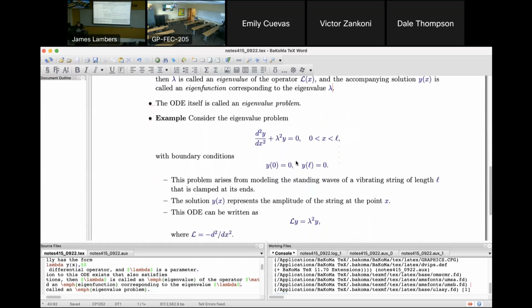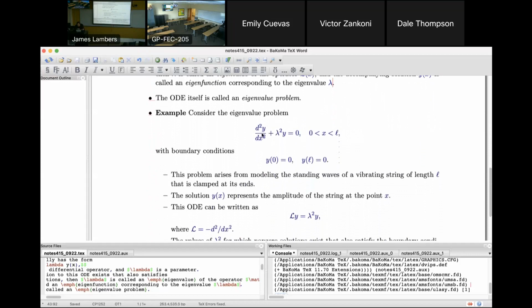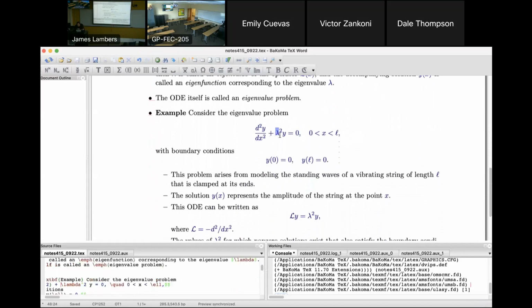Okay, so here's an example of an eigenvalue problem. So y double prime plus lambda squared y equals 0. So here, in this case, lambda squared is playing the role of the eigenvalue, including the square. Or you can think of it as, if I write the ODE this way, Ly equals lambda squared y.